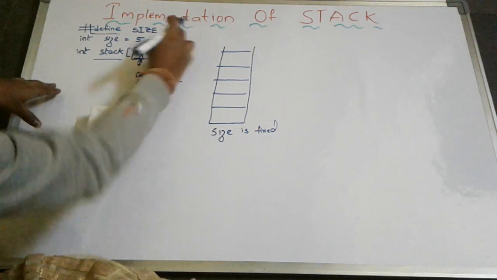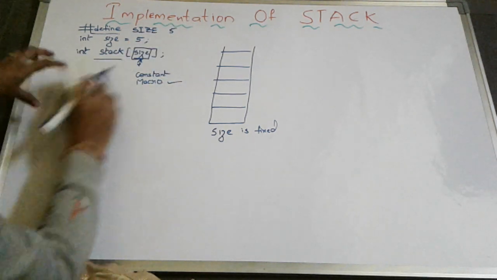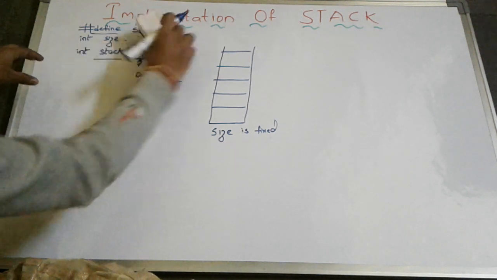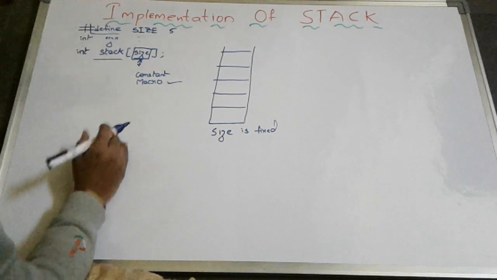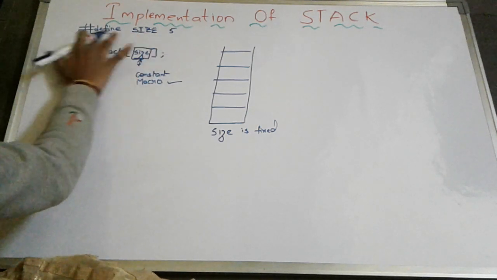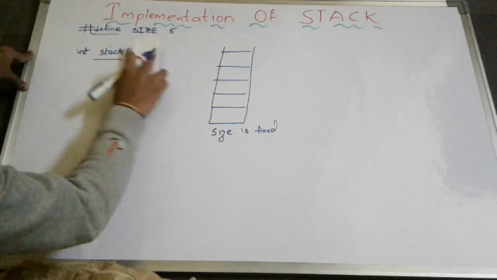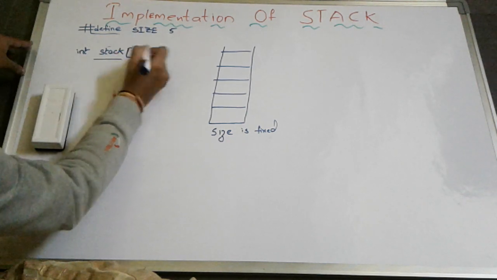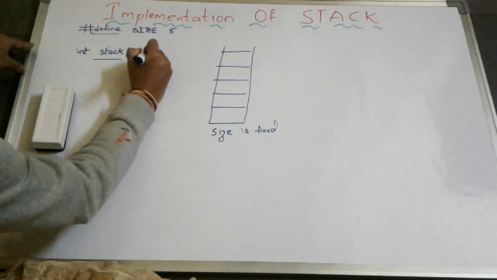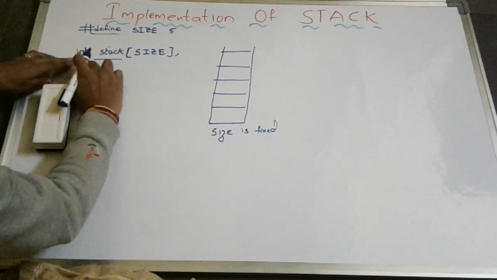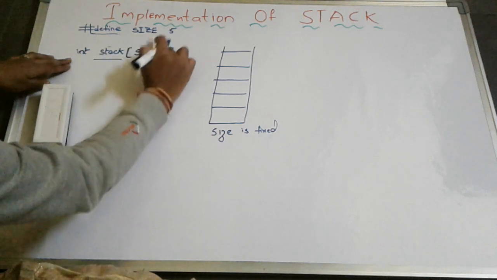Remember, there is no semicolon. So there is no need for the global variable int size. While declaring the stack variable, again we should use capital letters. So we declared a stack of size 5.